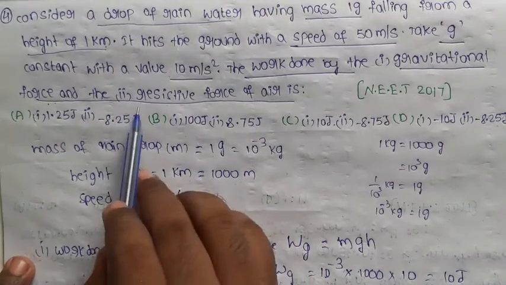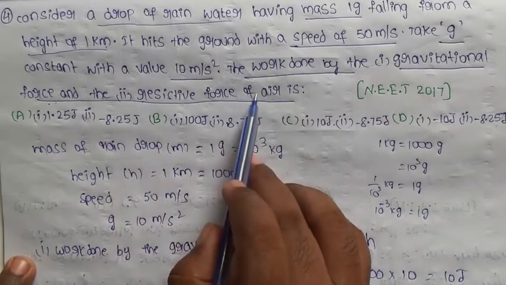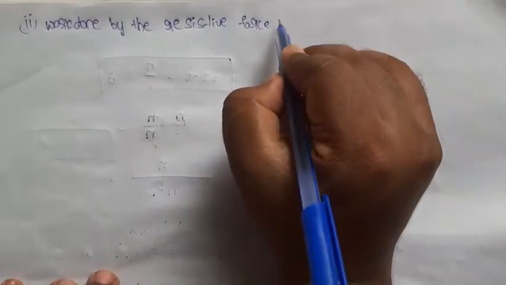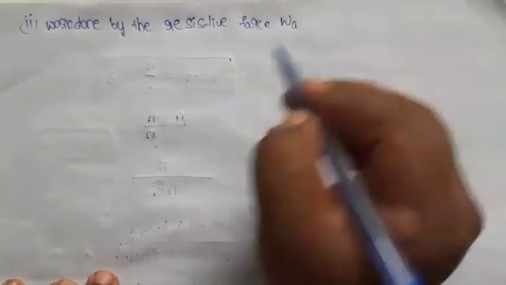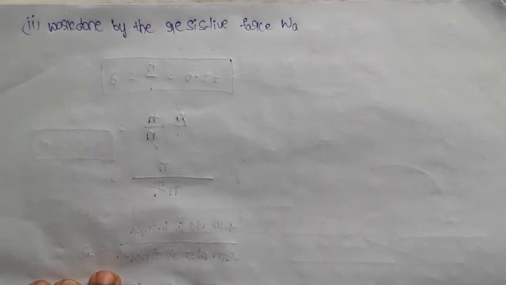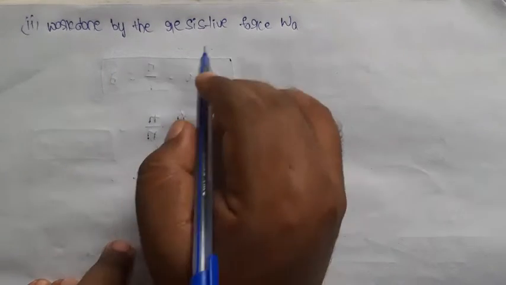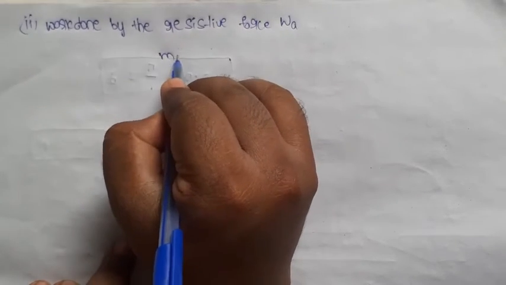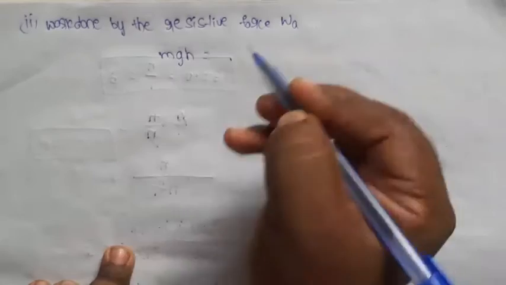Next we are going to calculate the resistive force of air. So work done by resistive force I am taking as W_A. When the water drop is falling from a height 1 kilometer, its potential energy is mgh.